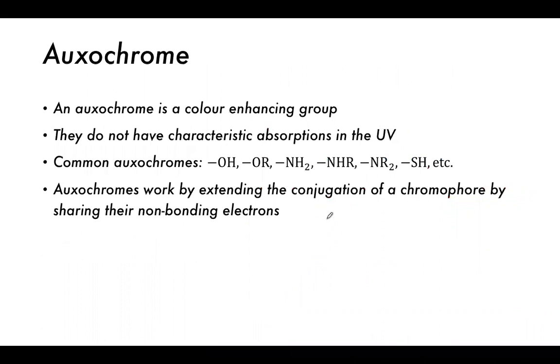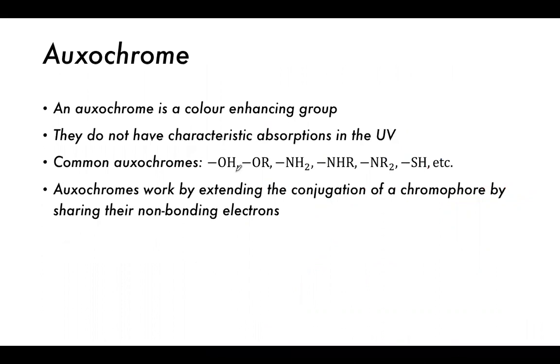So as I said, an oxychrome is a color enhancing group. They do not have characteristic absorptions in the UV, but they do manipulate or influence the absorptions of other compounds. So common oxychromes are these.